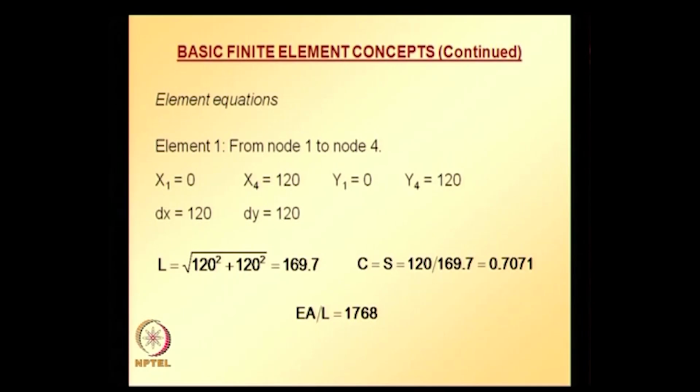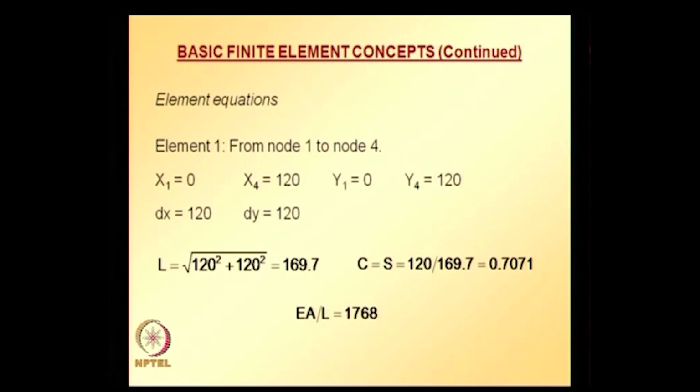The length of the member is the square root of dx square plus dy square. Once we know these values, we can find cosine alpha and sine alpha, and here both are the same, 0.7071.